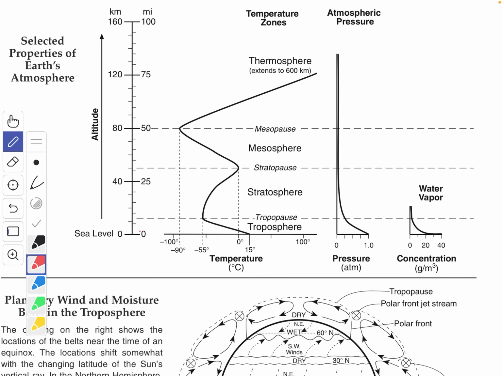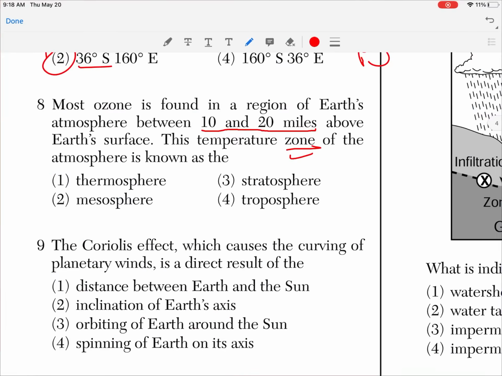We have 5, 10, 15, 20. There's 10 and there's 20 miles above the surface. And so we are in this layer called the stratosphere. So the answer to this question is just the stratosphere. That's all based upon your reference table, but it's also one of those things that you can memorize.